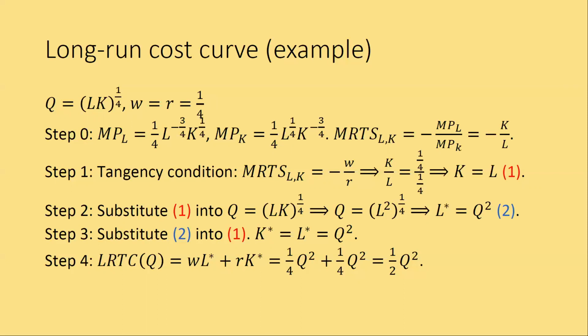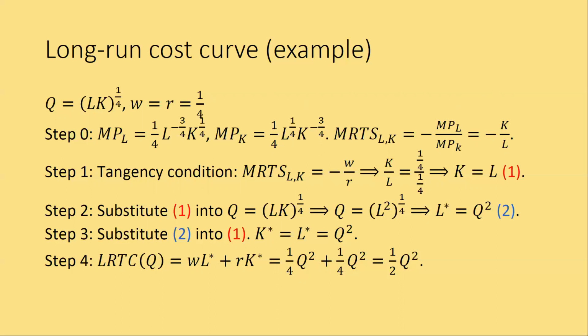And we equate our MRTS to the slope of our iso-cost line, and the slope of those is negative W divided by R. And this gives us the equation, the optimal ratio, that is K equals L. So we know that the optimal ratio of the input combination for the firm is to choose the same amount of labor and capital for the given production function and the wage and capital rent.